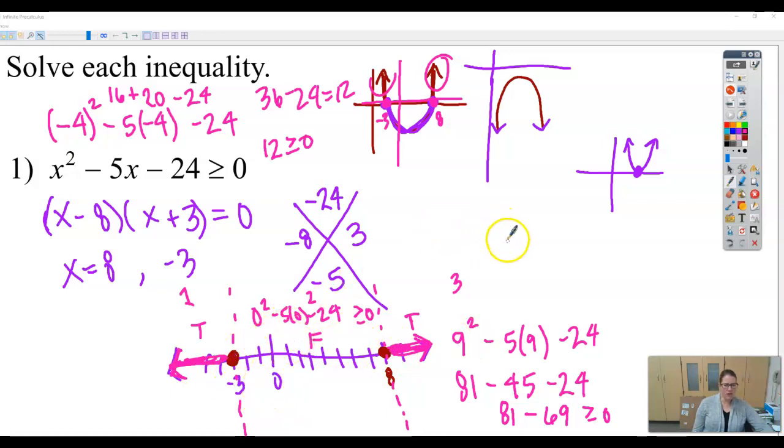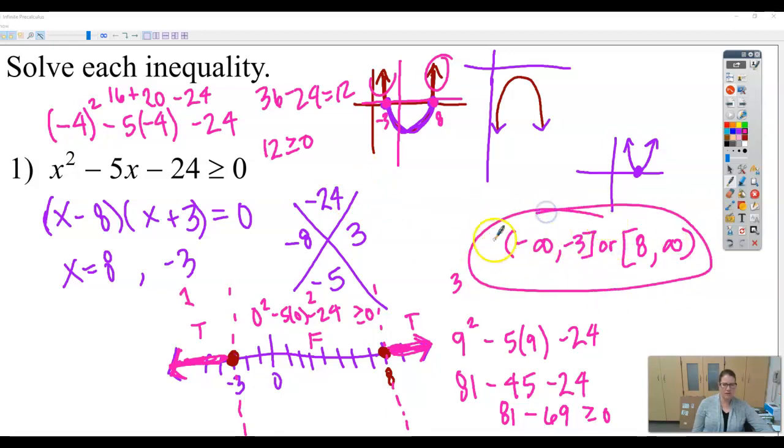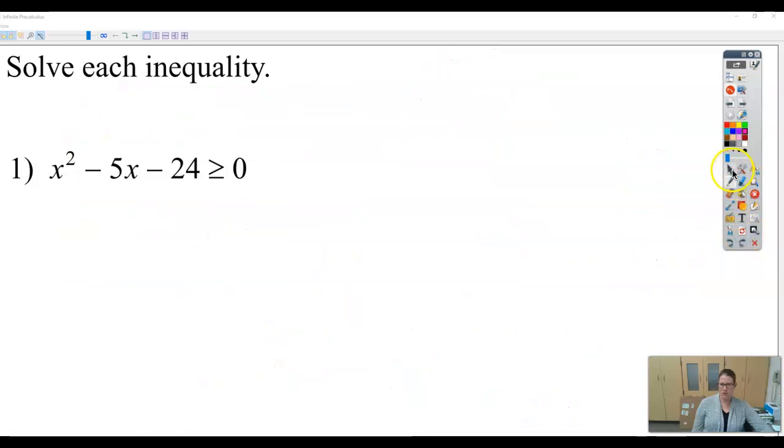So my interval notation would go from -infinity to -3, and then also 8 to infinity. Okay. So my solutions come from either -infinity to -3 or 8 to infinity. So there's the interval notation.